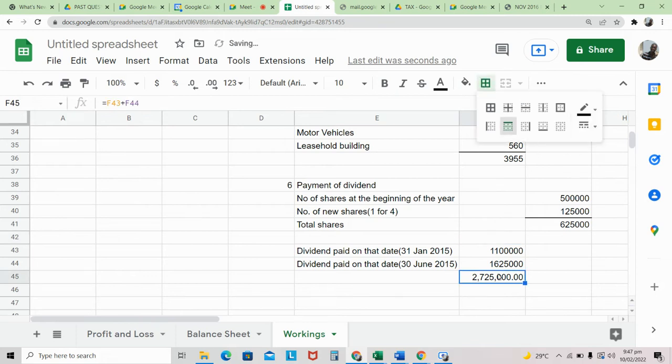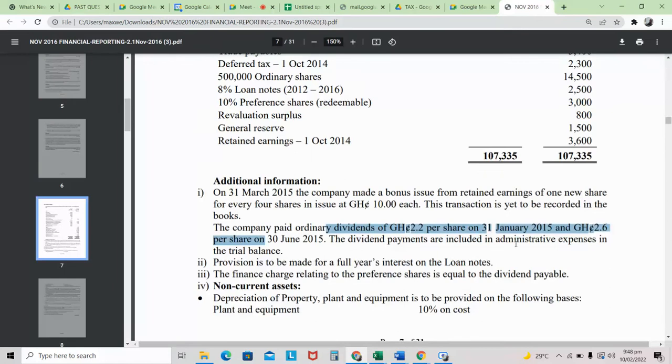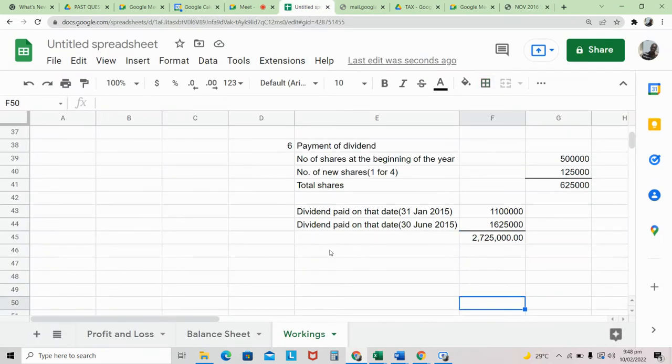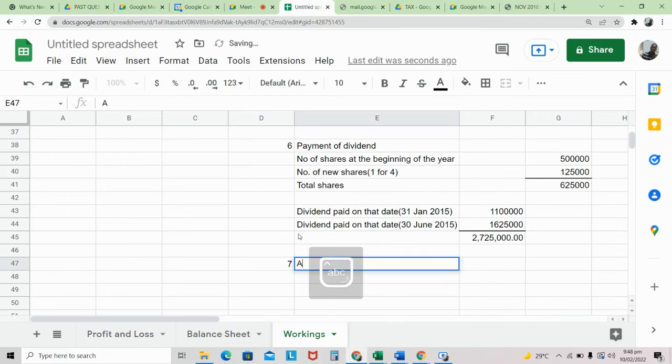This is the figure we have to take out of administrative expenses, because they said they included this payment in administrative expenses. So we have to take this out of administrative expenses. Do you get it? Okay, so let's calculate our administrative expenses.